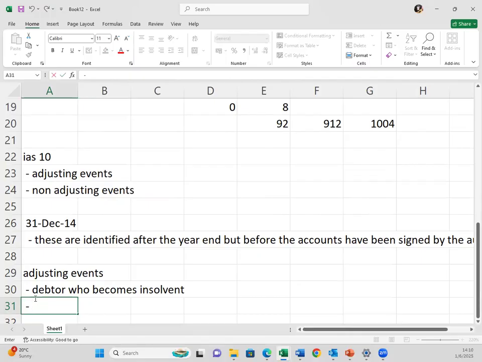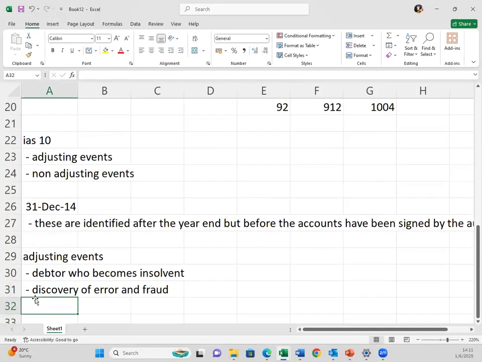We can look at a case where we discover an error or fraud. If we discover that there was an error or there was fraud, that's again an adjusting event.